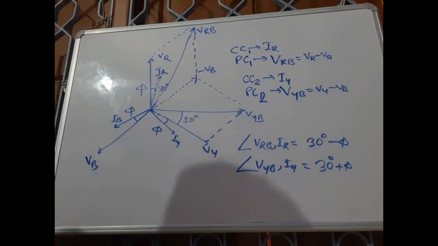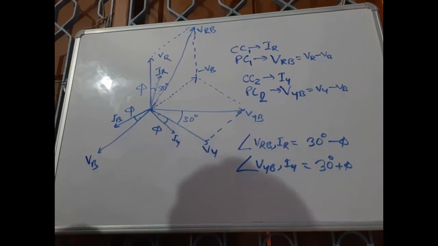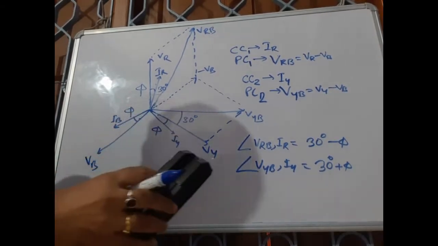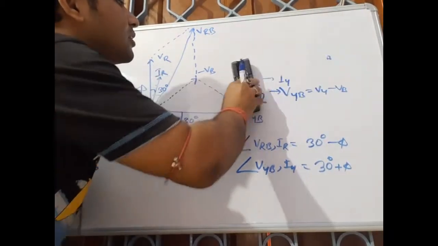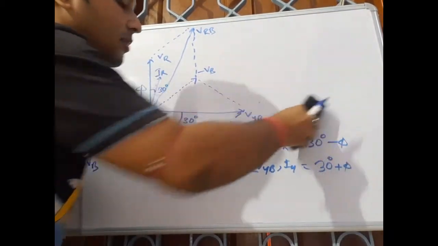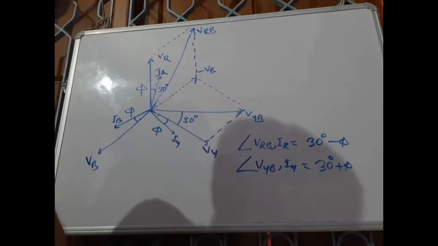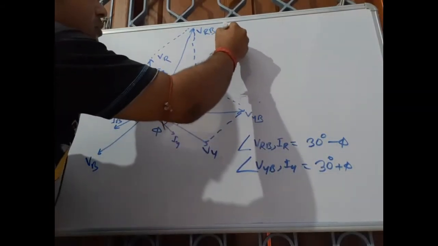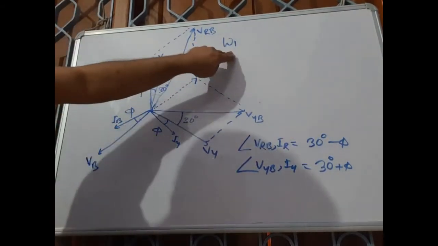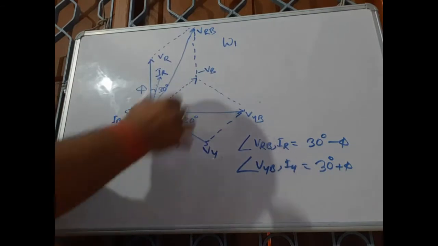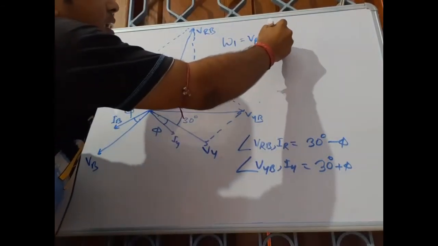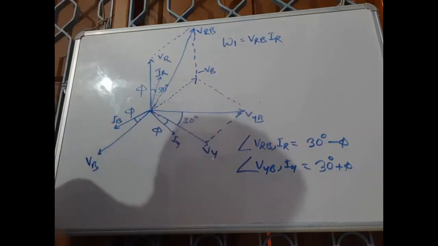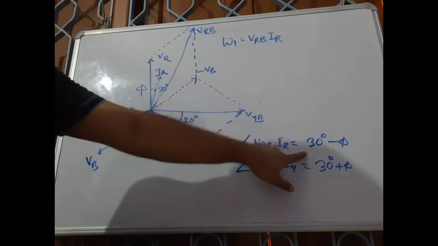Now the active power equation. Active power of wattmeter 1, say it is denoted by W1 itself, will be VRB into IR and into cos of the angle between these two.